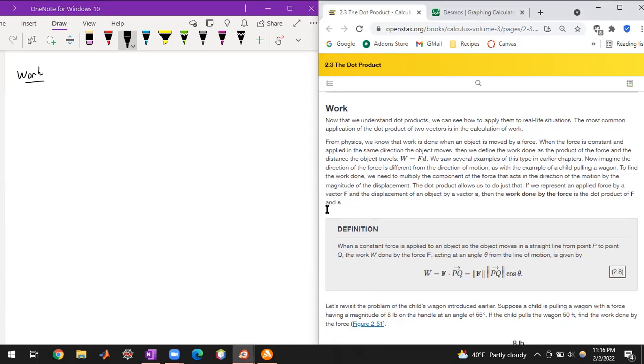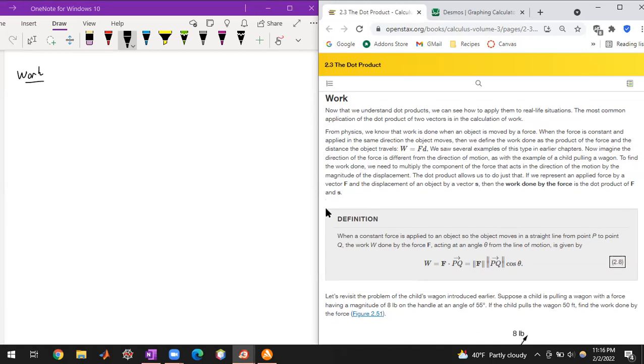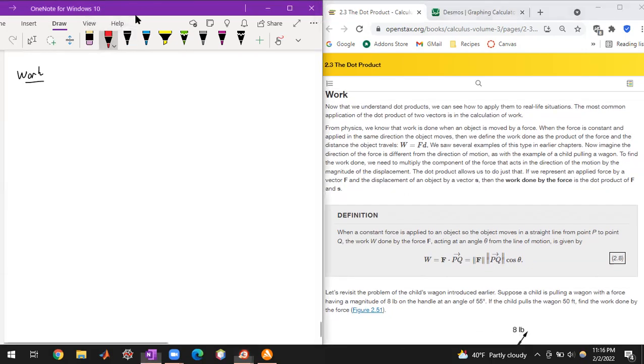If we represent an applied force by a vector F and the displacement of an object by a vector S, then the work done by the force is the dot product of F and S. So here's the definition.